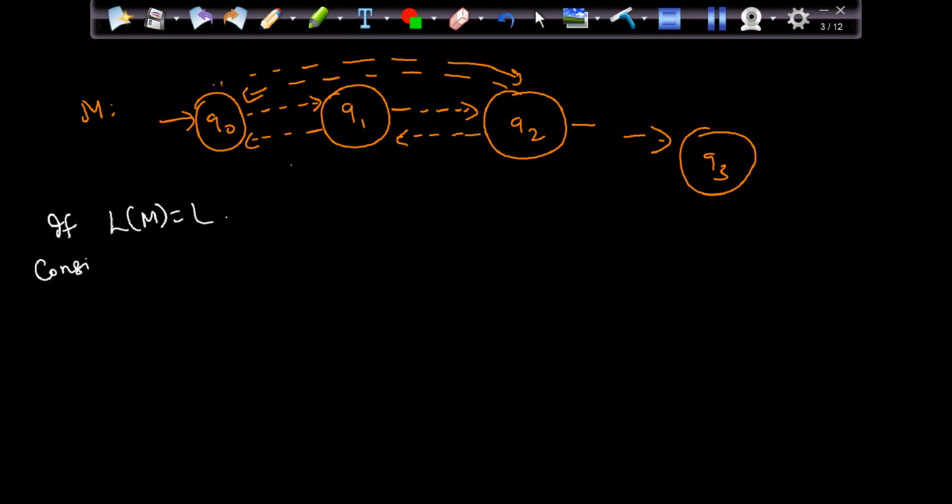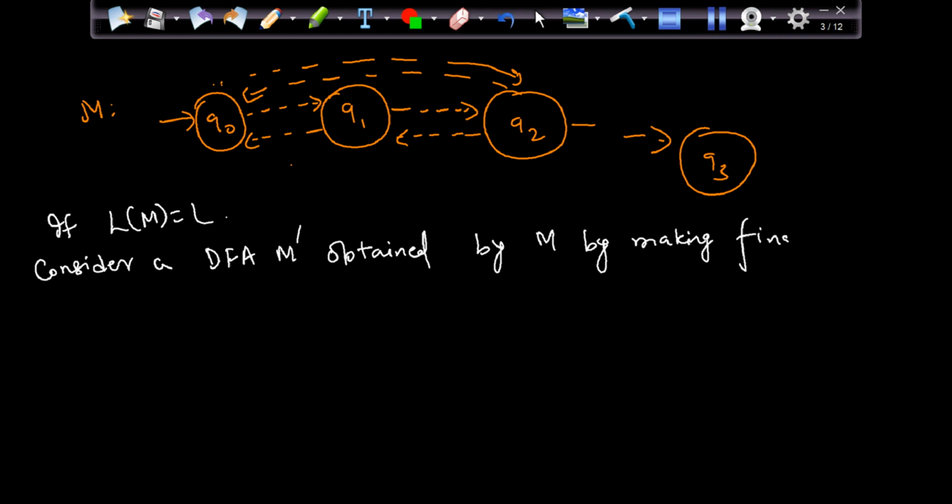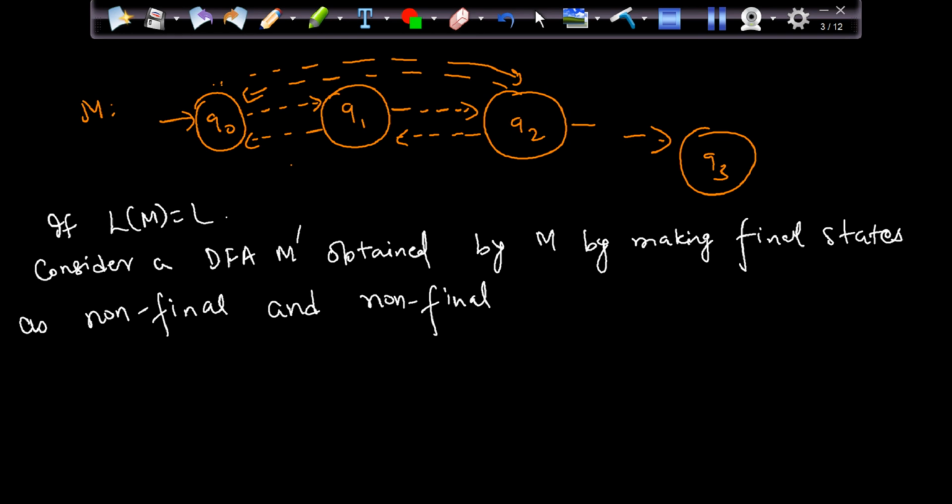Now consider a DFA M dash obtained from M by making final states non-final and non-final states final.